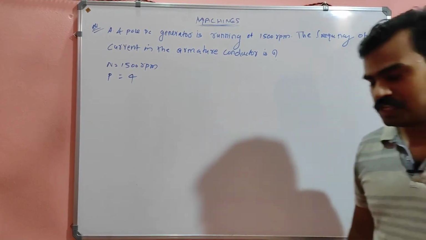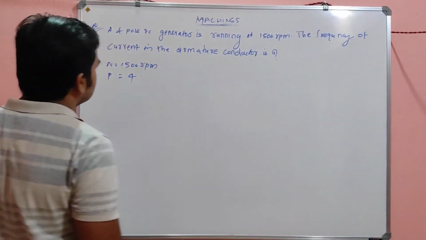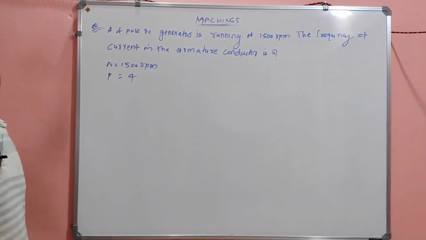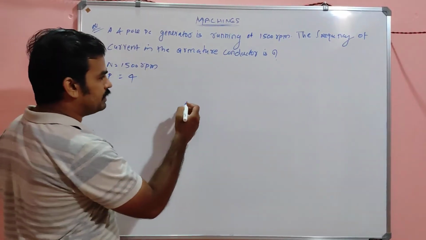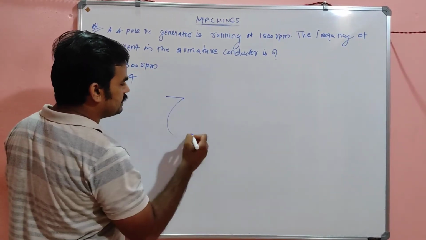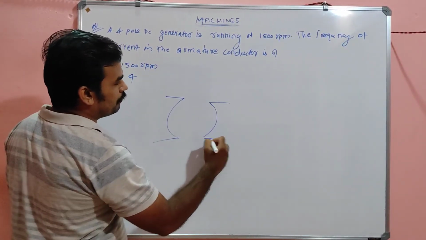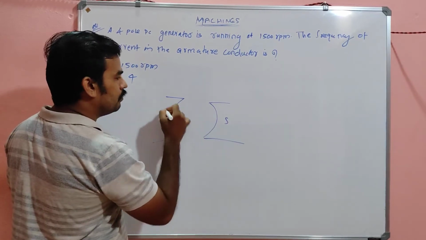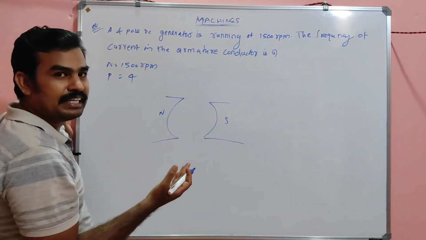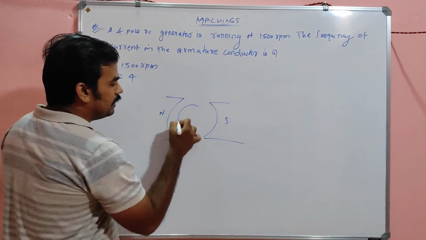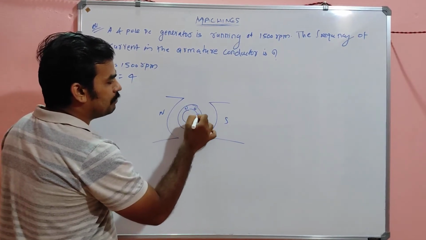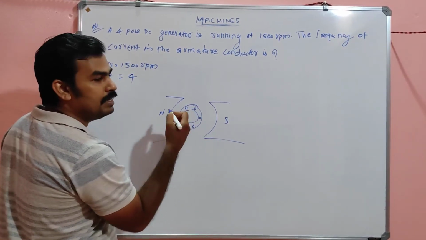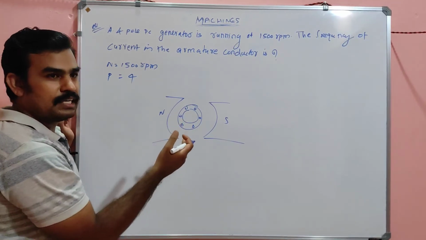Always keep in your mind that this is a DC generator. The working of the DC generator is that there are two magnets, which are temporarily magnetized by some field coils. There is an armature in which armature conductors are inserted.